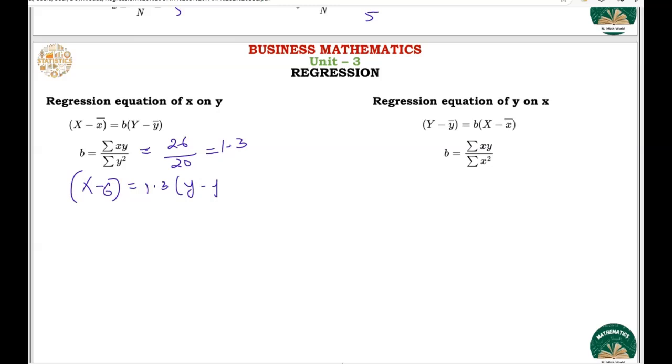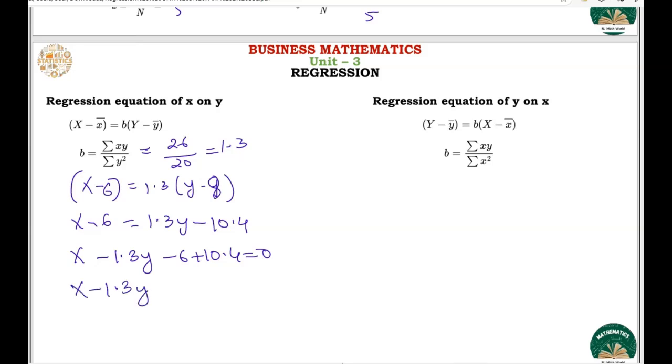Y bar is how much? Y bar is 8. So x minus 6 equals 1.3 into y minus 8. 1.3 into 8 is 10.4. So x minus 1.3y minus 6 plus 10.4 equals 0. So x minus 1.3y, 10.4 minus 6 will be 4.4, plus 4.4 equals 0. So this is how you will find the equation of x.